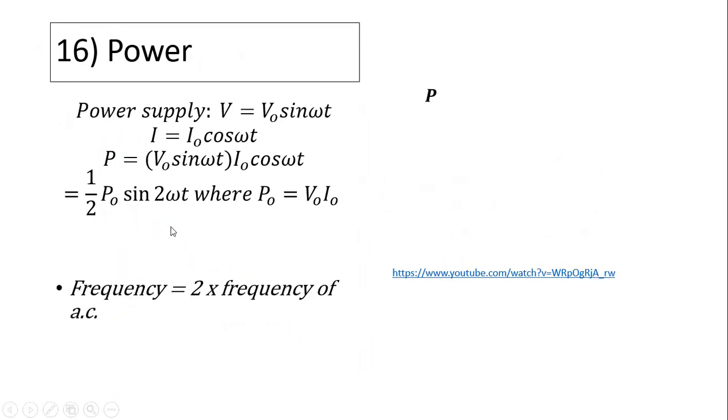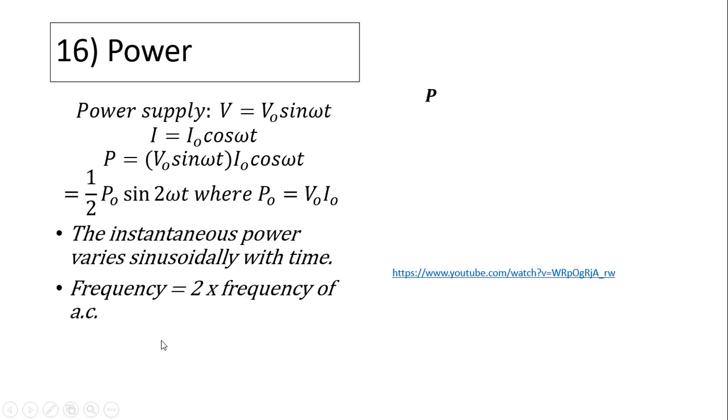Same frequency, we compare. This is the voltage supply, and this is the power. We call this the voltage, and this is the power, which has 2 omega. That's what it means: the frequency of the power is twice the frequency of the AC.